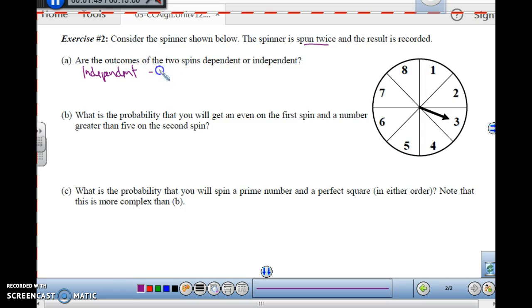What you get on the first spin does not affect the probability of the second spin. So you're still going to have the same probability every time you spin.